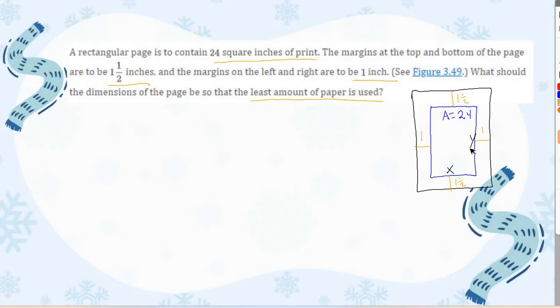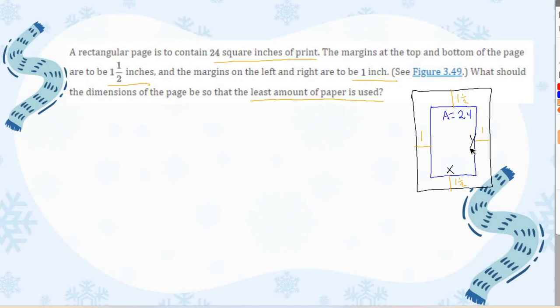The size of the paper. The whole thing. Okay, yeah, so we're looking for dimensions, yes, but that is not the concept of what we're trying to minimize. The size of the paper. Okay, which geometrically would be what? Area. Okay, so we're trying to minimize the area of the whole paper.